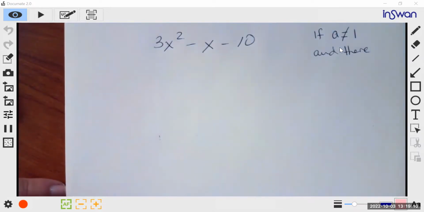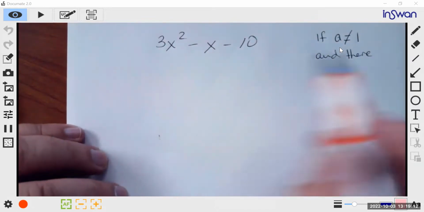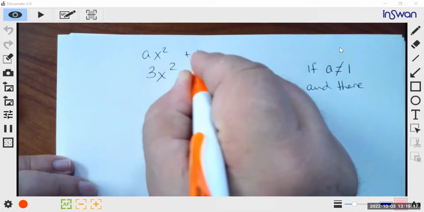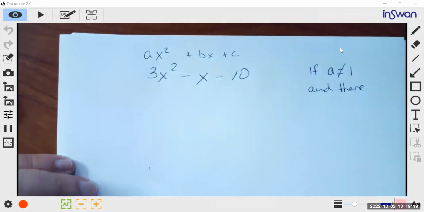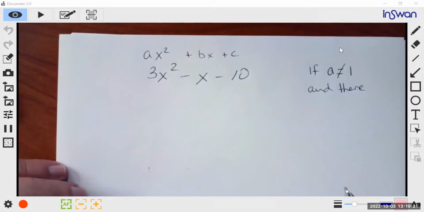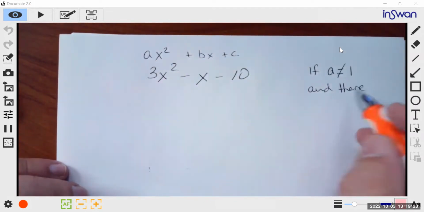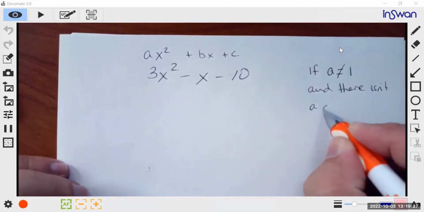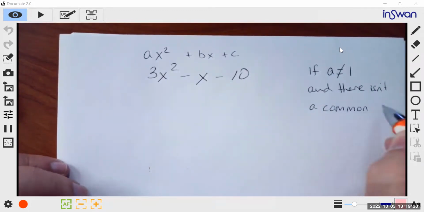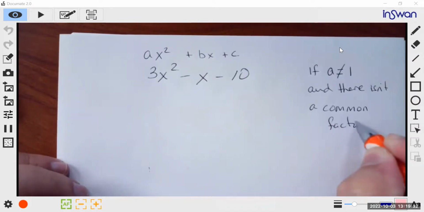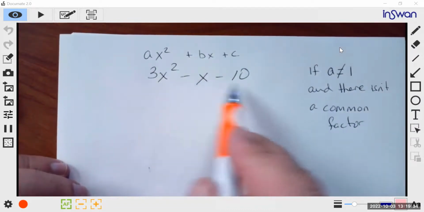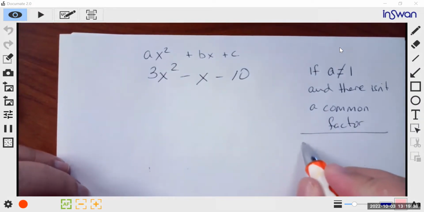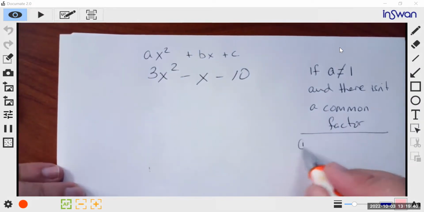So if A is not one, in other words, if the leading coefficient, remember this is AX squared plus BX plus C, is not one, and there isn't a common factor, in other words, we can't take anything out of this equation like we did last time, then you have to do it this way.